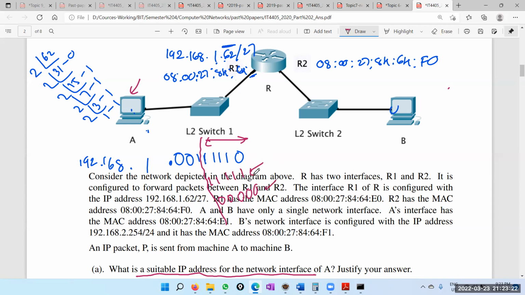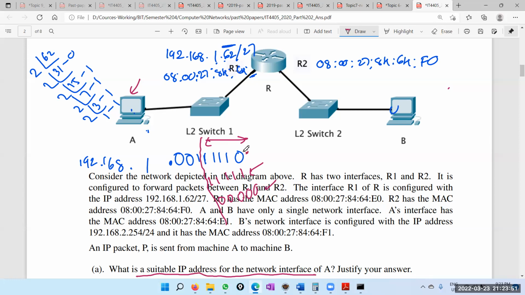So I can assign any number between these two, not including them, but one number has already been used. It has been given to the router interface, so I can't use that one either.